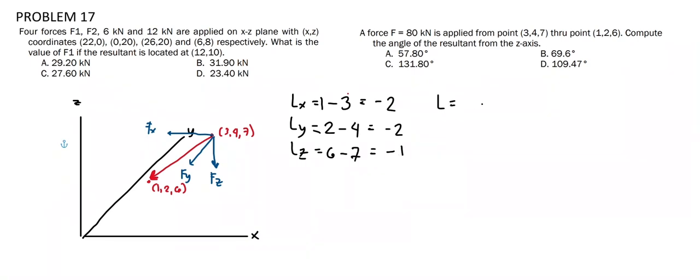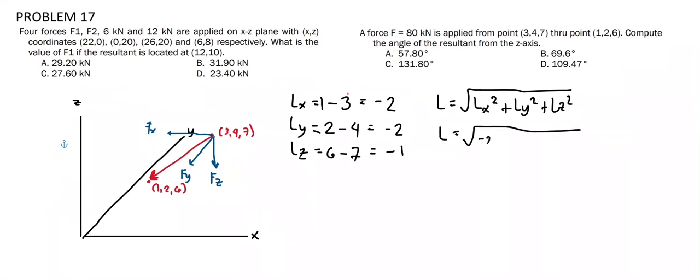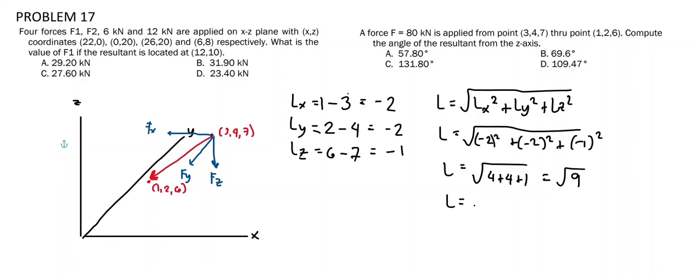So then, by using the Pythagorean theorem, L is equal to the square root of Lx squared plus Ly squared plus Lz squared. So the length L is equal to the square root of (-2) squared plus (-2) squared plus (-1) squared. So L is equal to the square root of 4 plus 4 plus 1, equal to square root of 9. So length L is equal to 3 units.